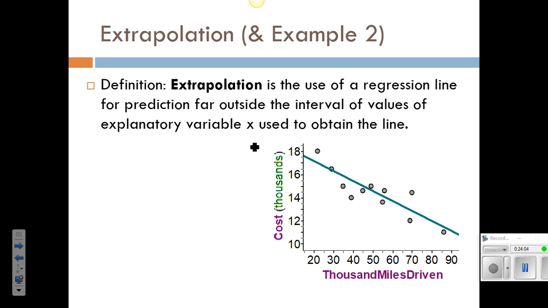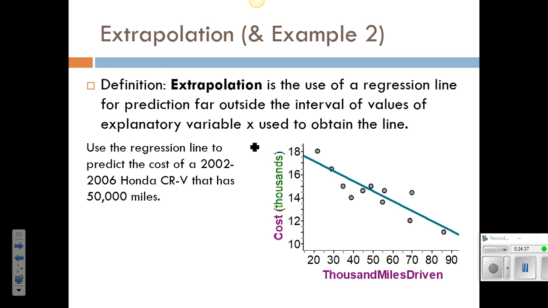If we wanted to predict for 200,000 miles, that would not be a good result because 200,000 miles was not used in the creation of our least squares regression line. Therefore, we're extrapolating. We're taking a guess based off a model that didn't include that value. So extrapolation is going outside the range. It's basically being extra.